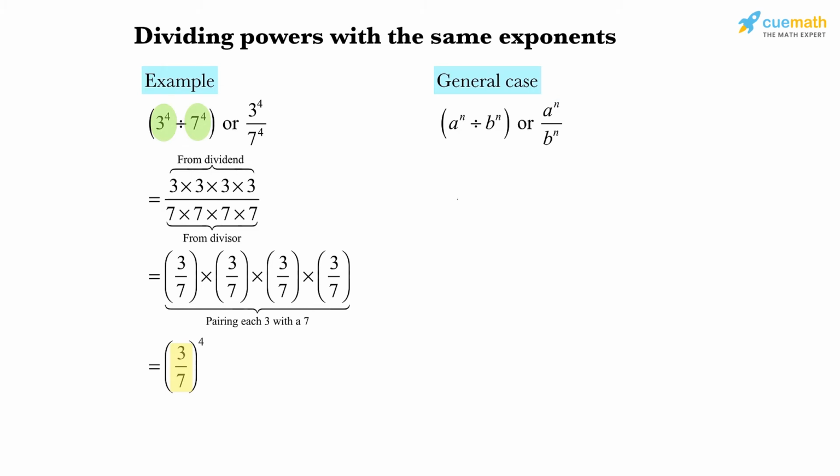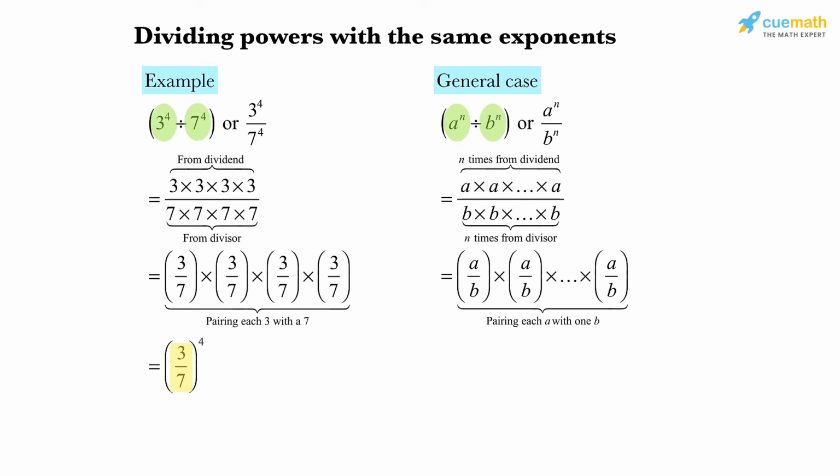In this quotient, the dividend a to the power n contributes n repetitions of a, and the divisor b to the power n contributes n repetitions of b. Now when we carry out the division, we have a quotient with n a's and n b's, so we can pair up each a with a b to get a total of n pairs of a and b, or n repetitions of a by b, and hence we can write this as a by b raised to the power n.